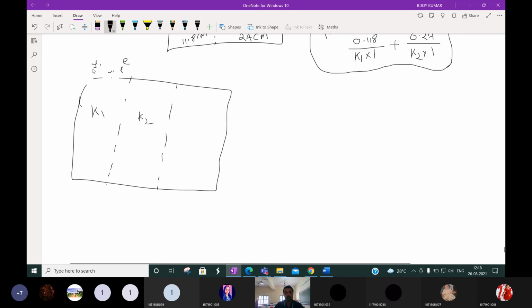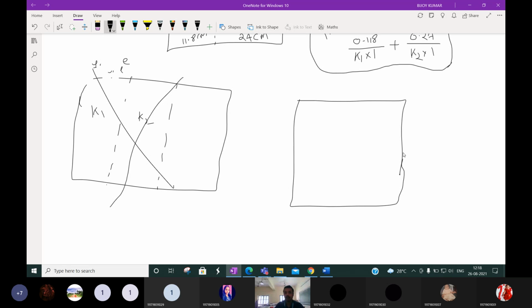Just look here. Initially 2 walls are there. First one is furnace wall, second one is ordinary wall.